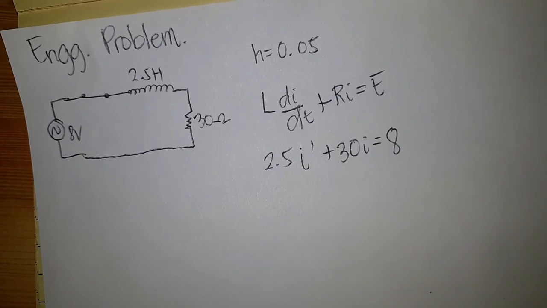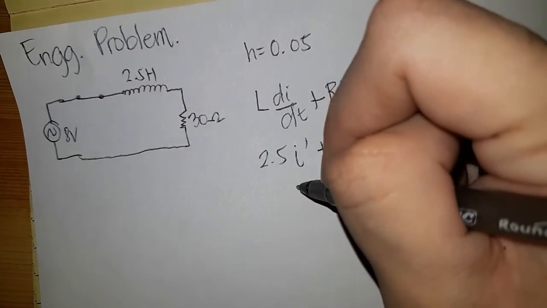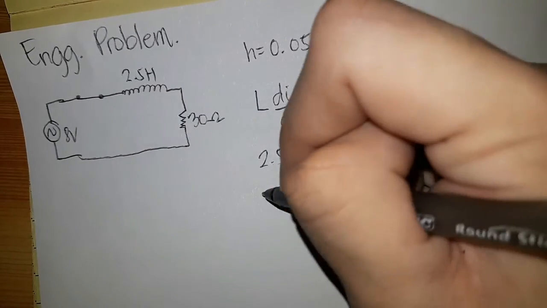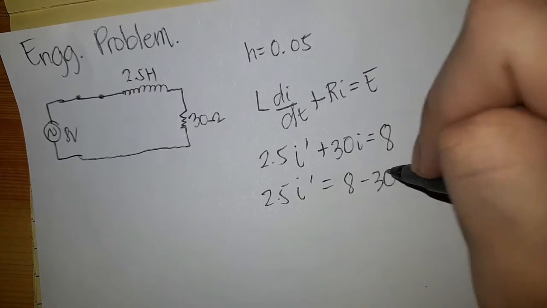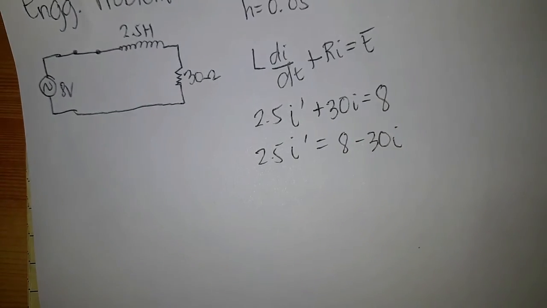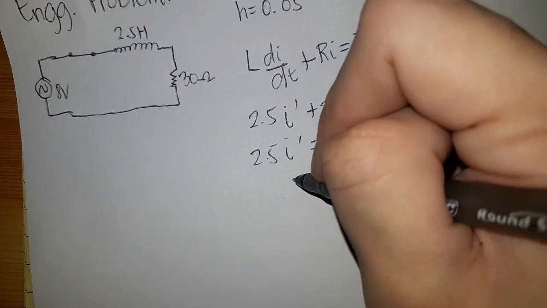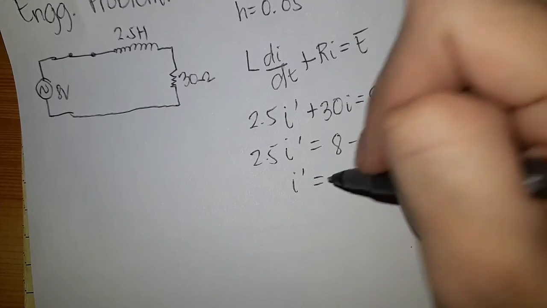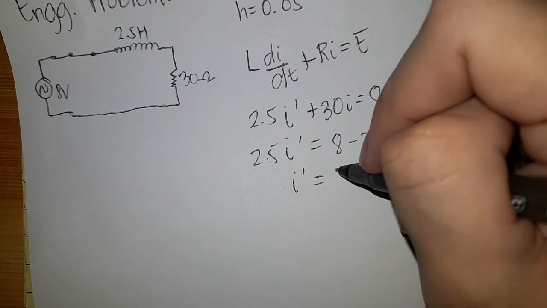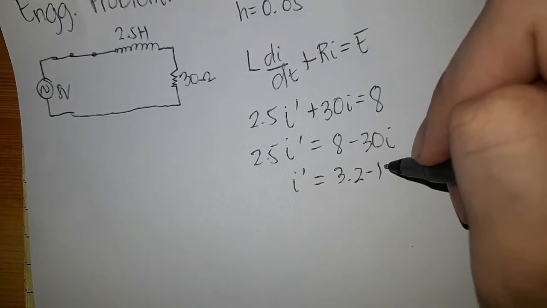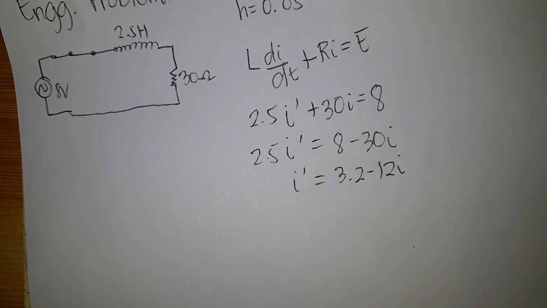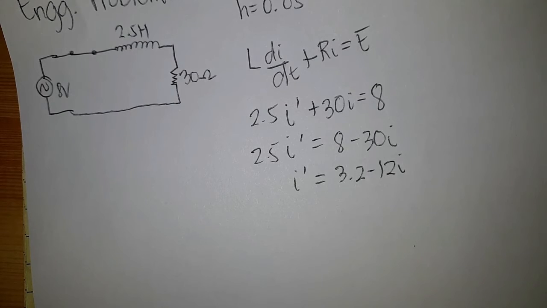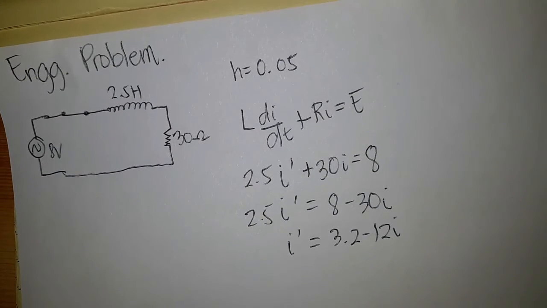So writing the equation, this will become 2.5 I prime is equal to 8 minus 30I. So this will become I prime is equal to 3.2 minus 12I.